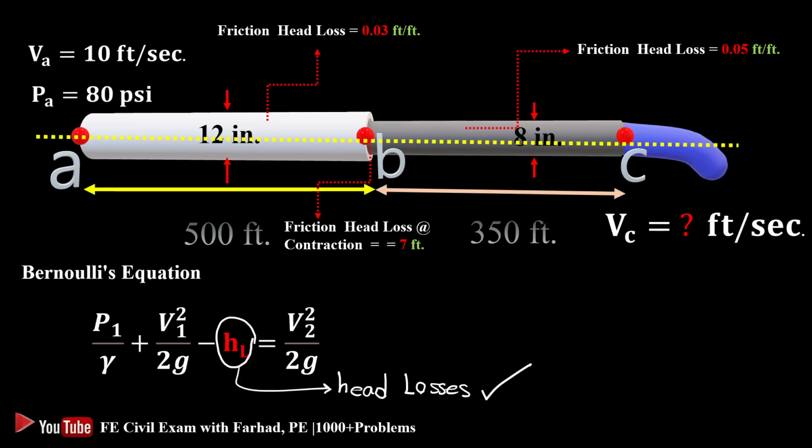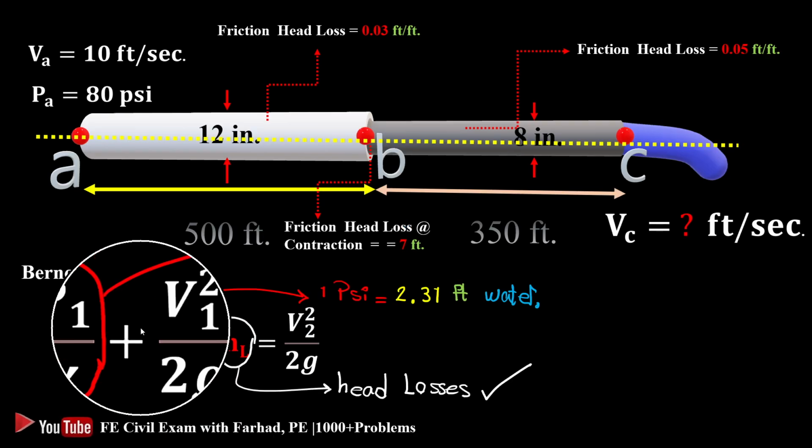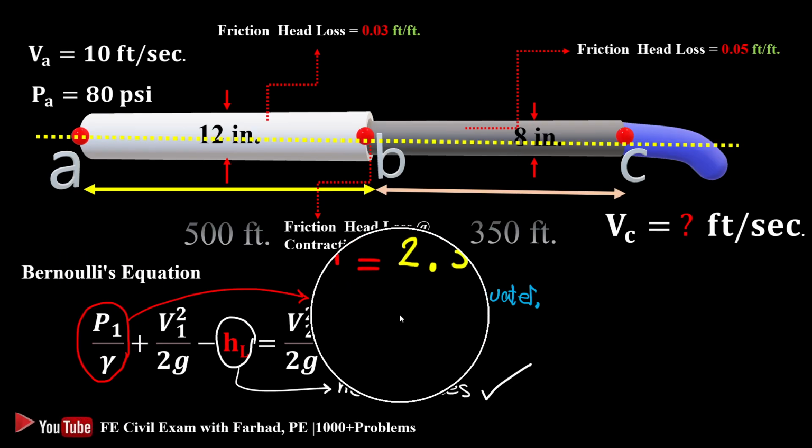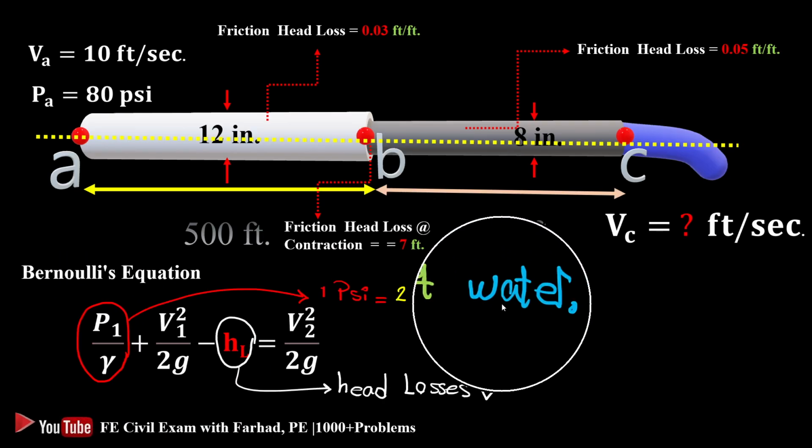So if we get our head loss and go back to our equation, we already know 1 psi is equal to 2.31 feet of water.